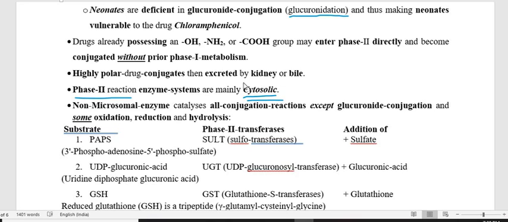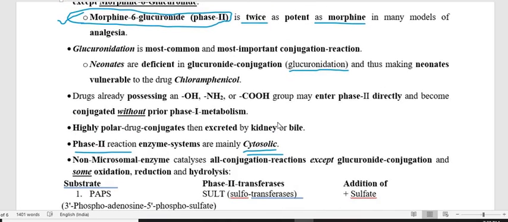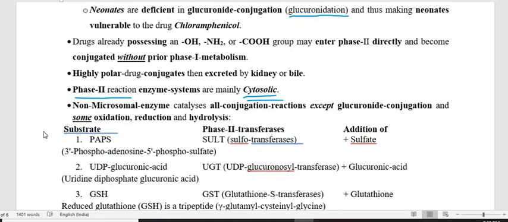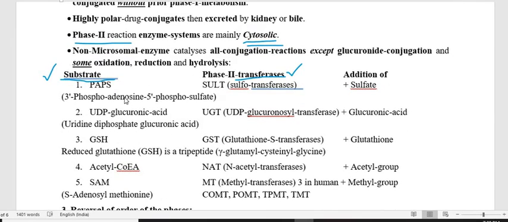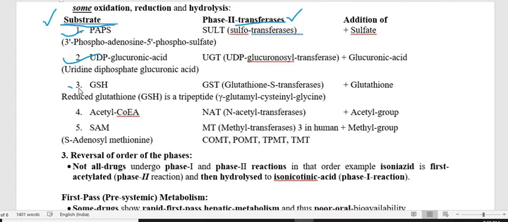So this is interesting. The substrate, that is the endogenous substance, and the enzymes of the phase 2 reaction are called transferase enzymes, and the substrate or endogenous substance that is going to attach with the drugs are PAPS, another one is UDP glucuronic acid, then GSH, then acetyl coenzyme A, then SAM.